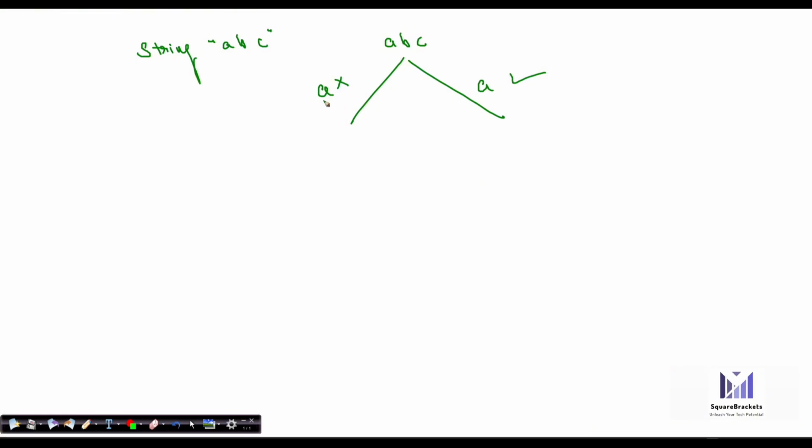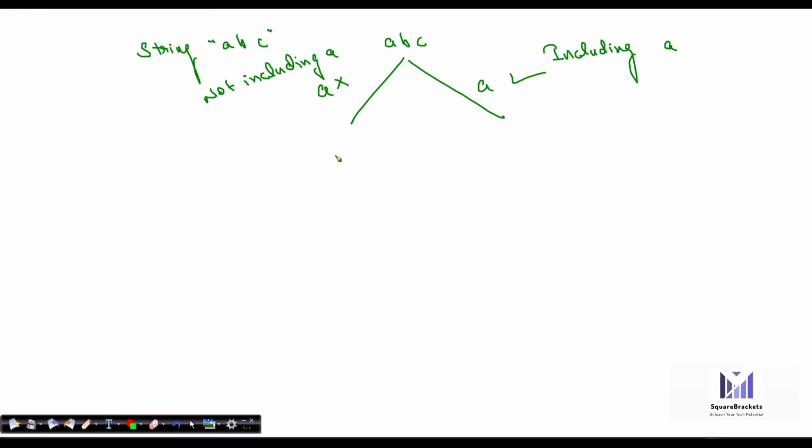So I am not going to include A in the result here, and here I am including A. I write including A here, and not including A here. Simple enough.